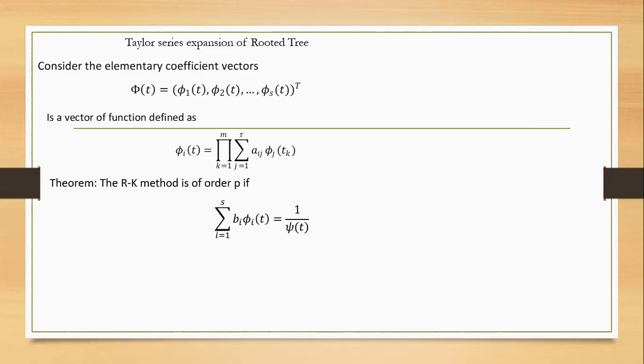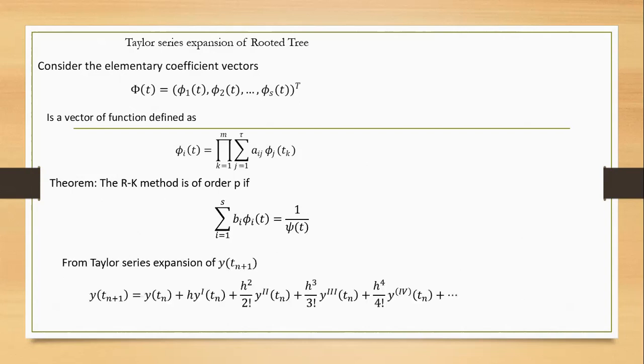The linkage between this and the RK method is that the RK method is of order p if the summation from i to s, where s is the stage, of b_i epsilon_i of t equals 1 over the density. This is just the link between the rooted tree and the Runge-Kutta method, and this is what is called the order condition for the tree.